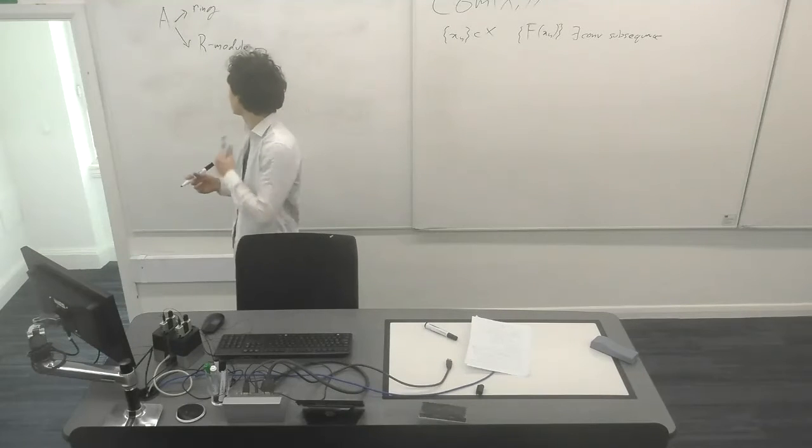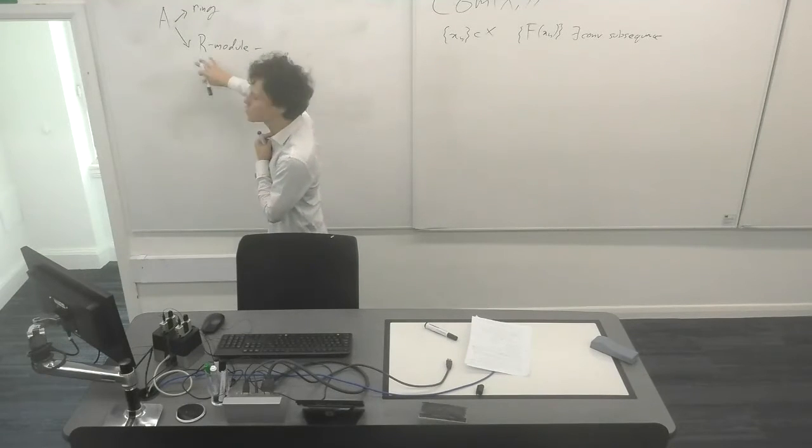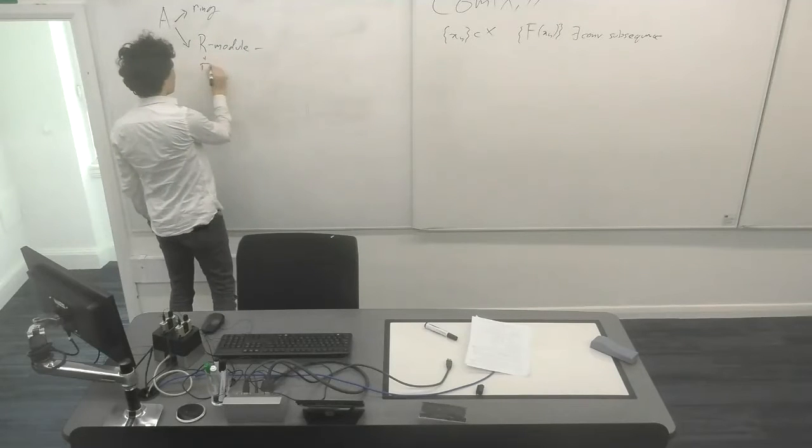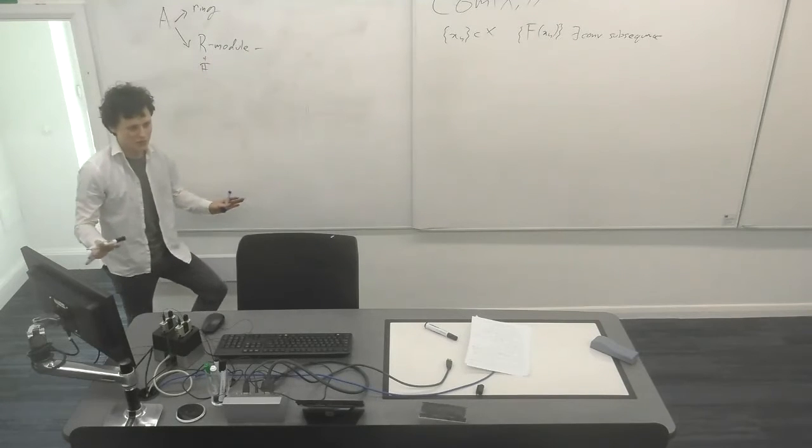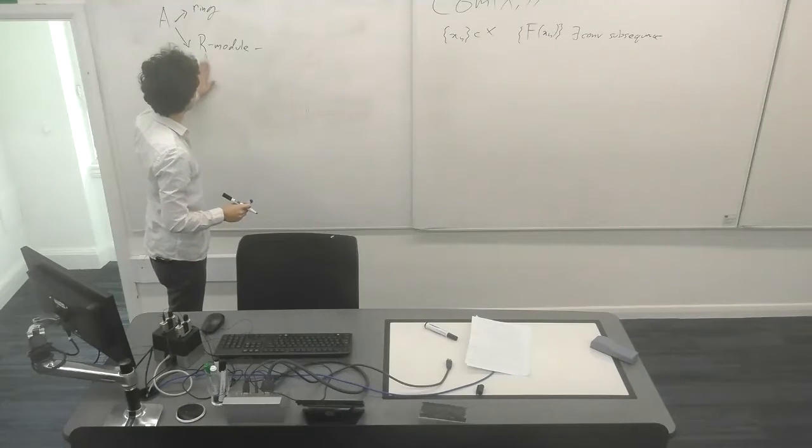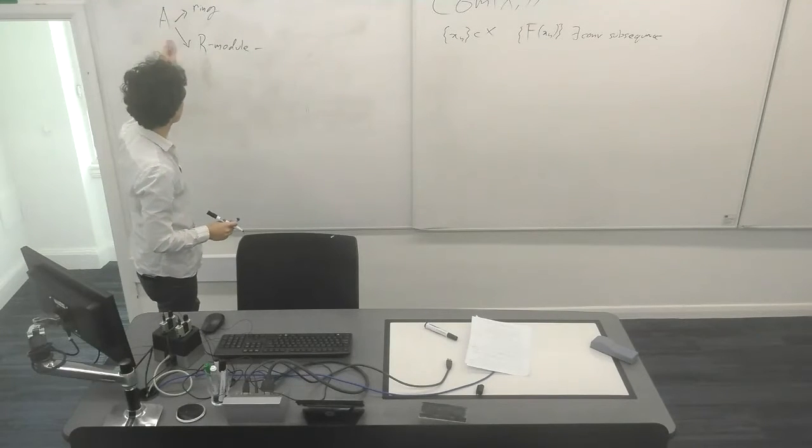It's a topic in itself. Just trust me on this. We will be working mainly with R being a field, so that will be a vector space rather than a module. But the definition is that it's a module over R, being a ring.